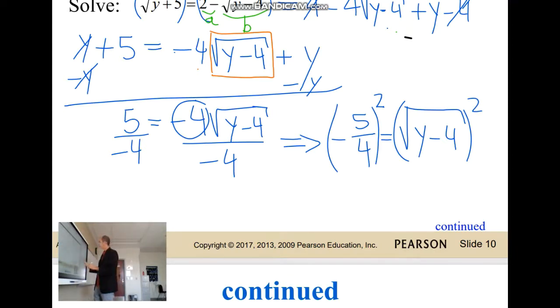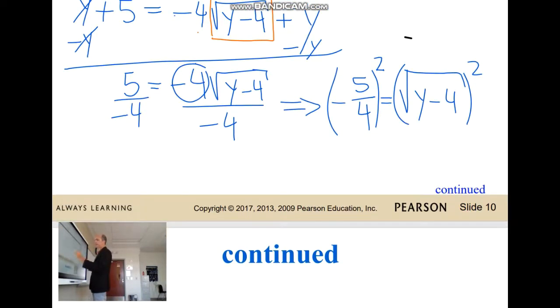So we're going to square both sides of the equation. Here we go, and the next thing we're going to calculate here. Let's raise this -5 over 4 to the square, and negative squared is positive, right? And 5 squared is 25. 4 squared is 16.